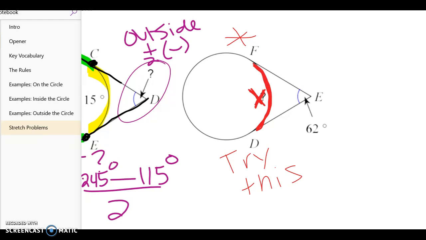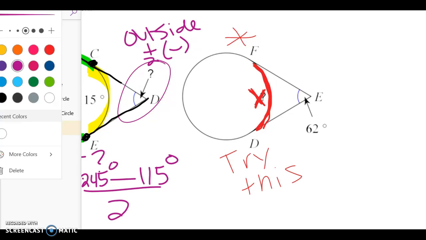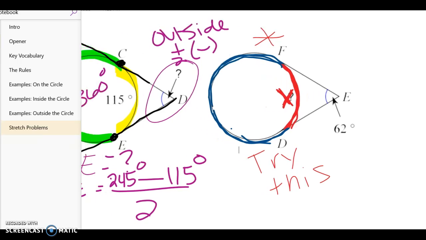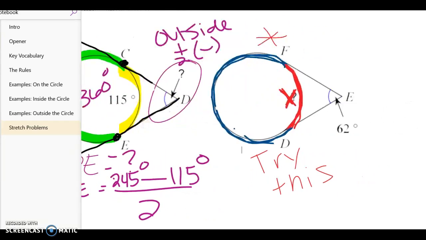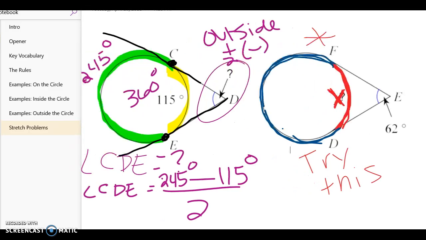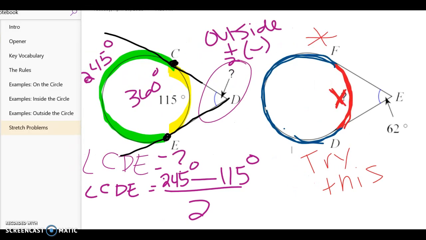Think about how we could represent the major arc FD by only knowing that what's in red is x. And we're going to use this very similar idea that we did here. We just don't know what, instead of 115, we now have x. Okay? So try that one on your own. And we will definitely discuss that on Thursday.